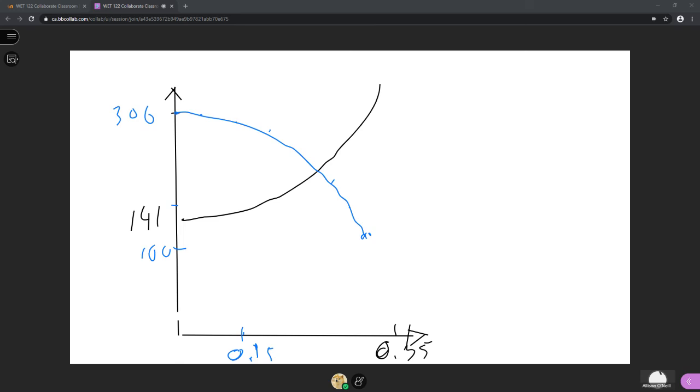I'm going to put the efficiency curve in red. And it's going to look something like this. And our peak efficiency is going to be here.